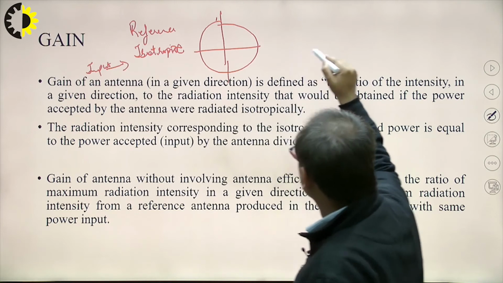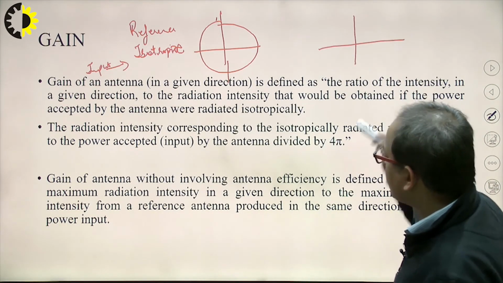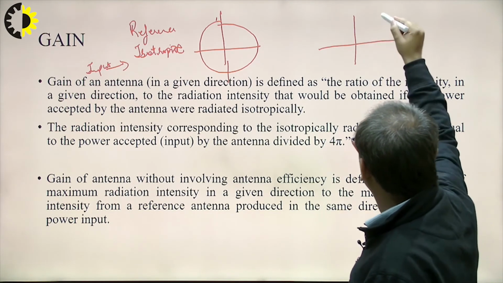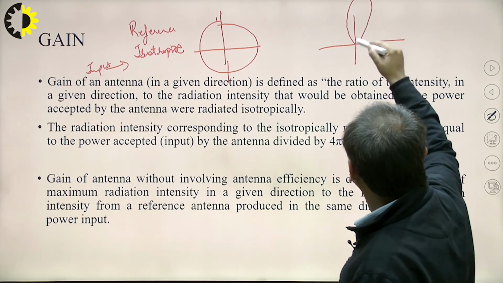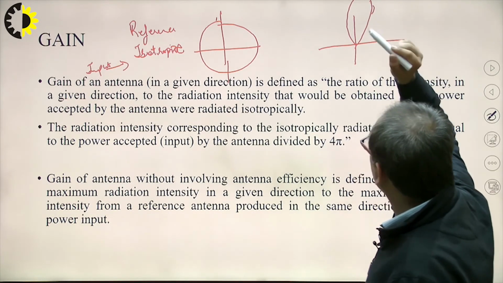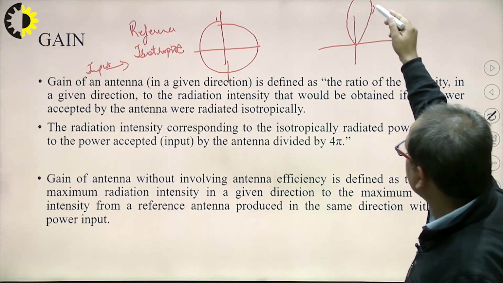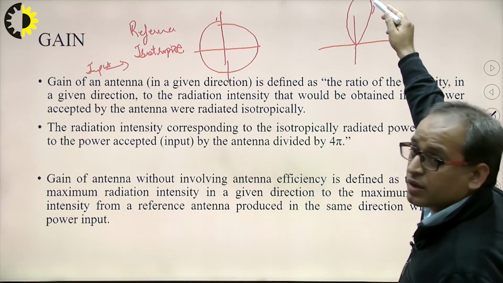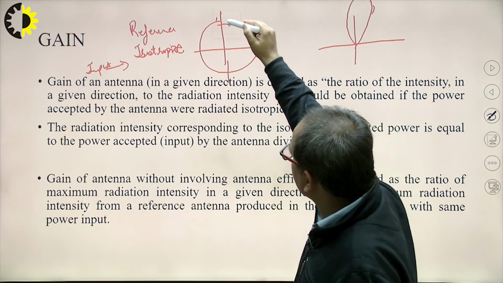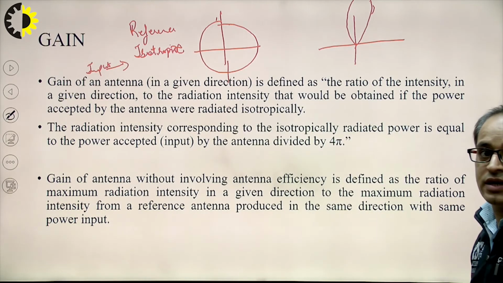Now I provide the same input to another antenna, and this antenna gives some maximum output in a particular direction. So what will be the gain of the antenna? The gain will be the intensity in a given direction at a particular distance in comparison to the intensity of an isotropic source. Clear.